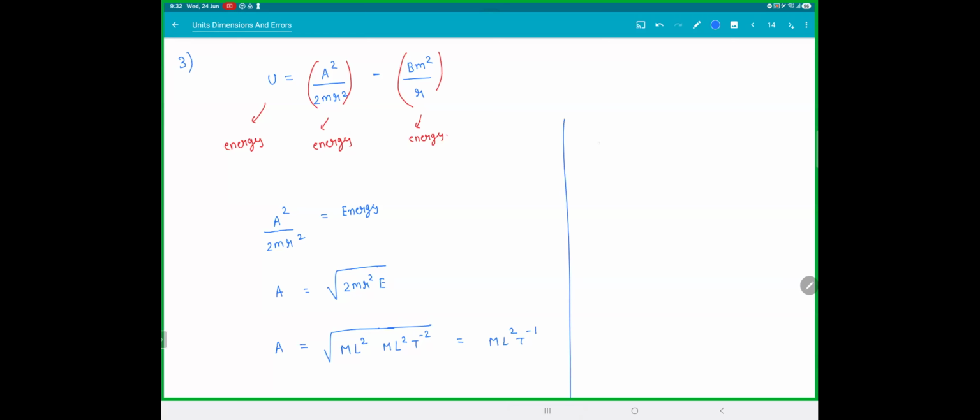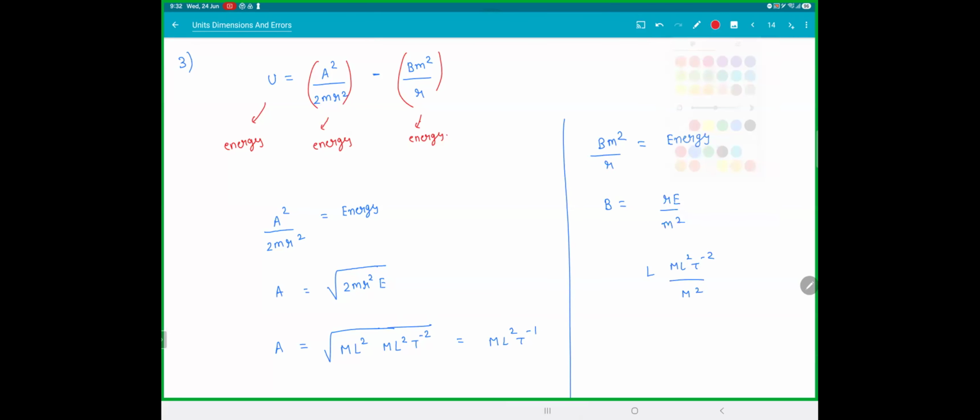Same thing we'll do for this also. So B m square by R is also some energy term. So then we can write B is equal to R energy by m square. So this would be length, energy is again M L square T minus 2, by mass square.